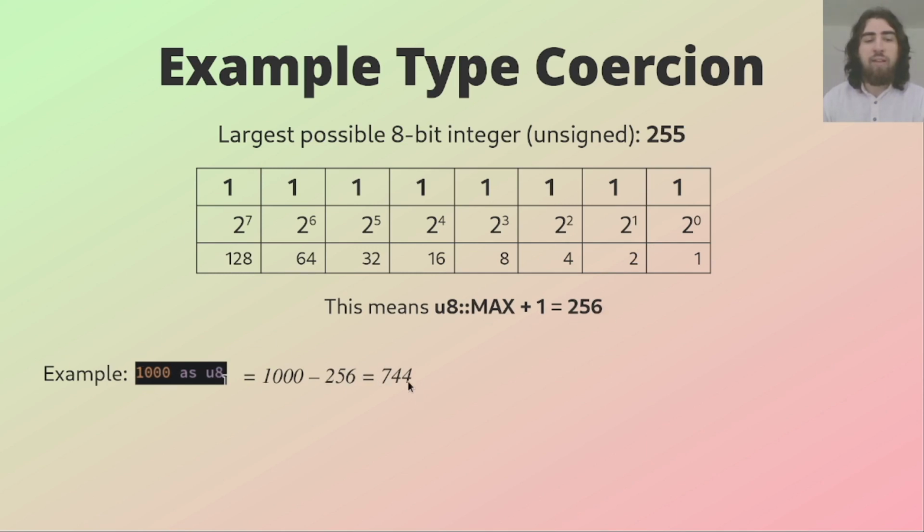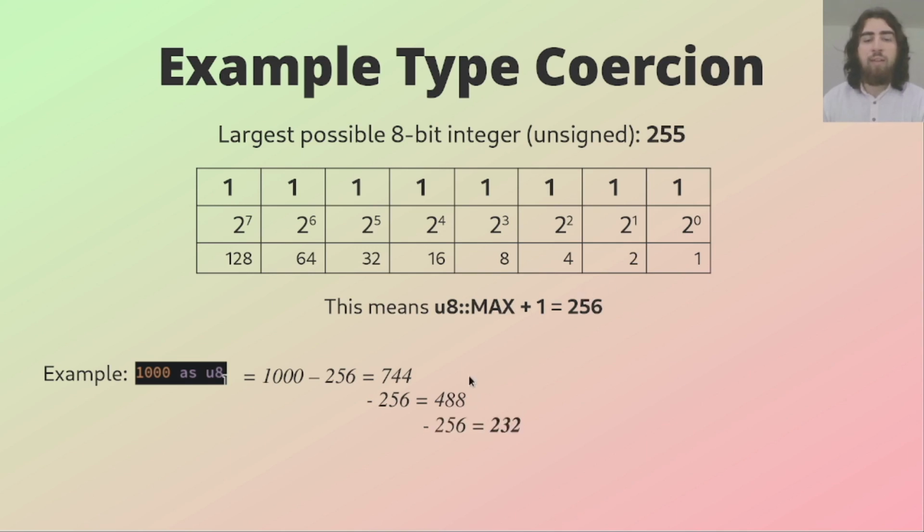And then it will check, 744 is still bigger than the largest value it can represent, meaning it will do the same thing. Subtracting 256 will leave us with 488, still bigger than this value.